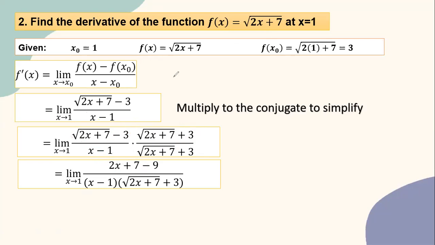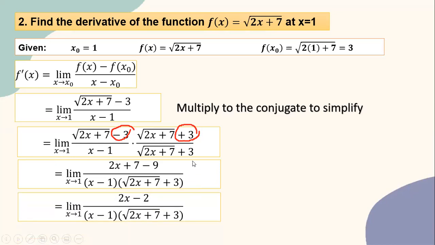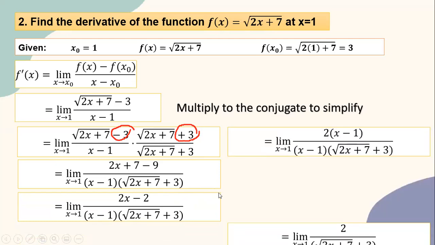And then negative 3 multiply to positive 3, we get negative 9. Okay. So for our denominator, we have x minus 1 times square root of 2x plus 7 plus 3. Further simplifying, we get 2x minus 2 over x minus 1 times square root of 2x plus 7 plus 3.